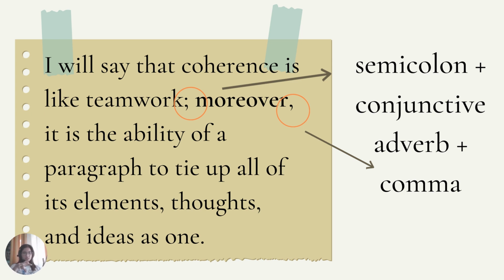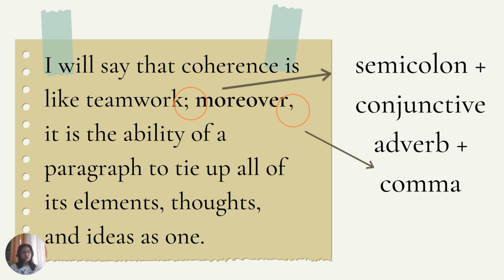So again, in between these two independent clauses, we need to put a semicolon first, the conjunctive adverb, moreover, and a comma. So do not forget that. You have to squeeze the conjunctive adverb in between a semicolon and a comma.